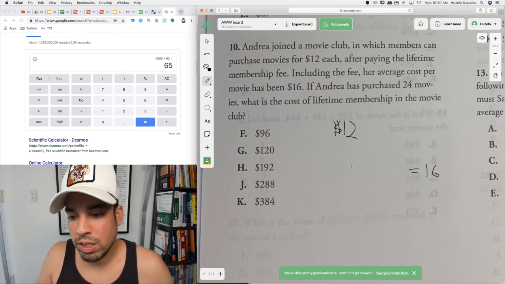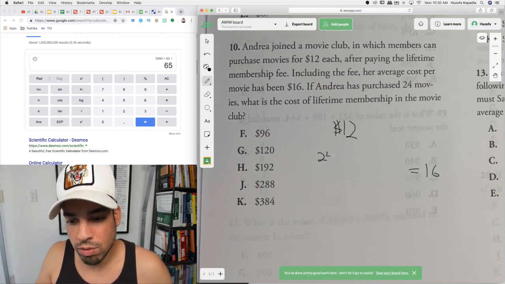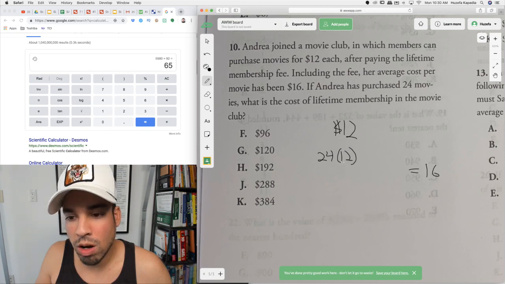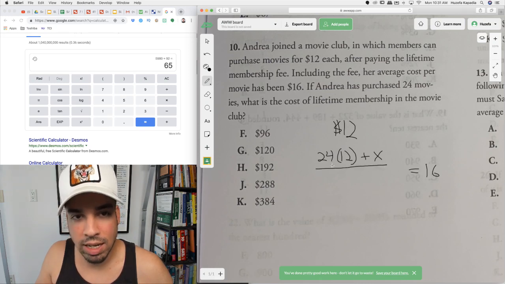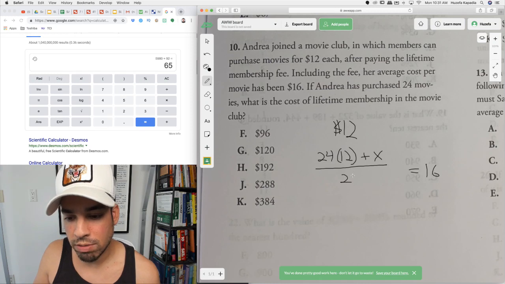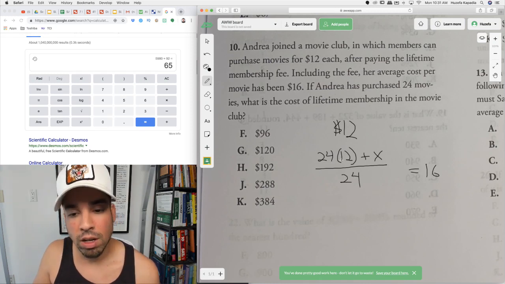If Andrea purchased 24 movies, she did 24 times 12, right? Because it's $12 each, plus some unknown lifetime membership fee. And the average of these costs 16, and we're taking the average of 24 movies, okay? And now I got my equation.